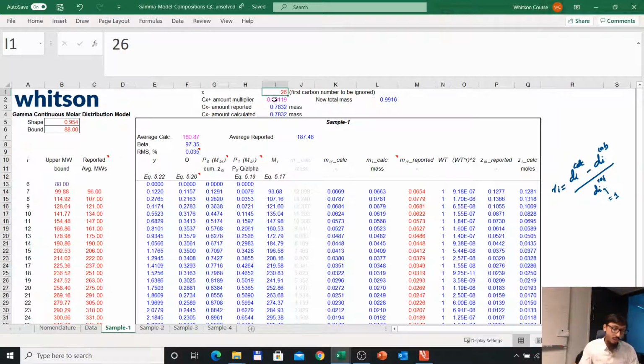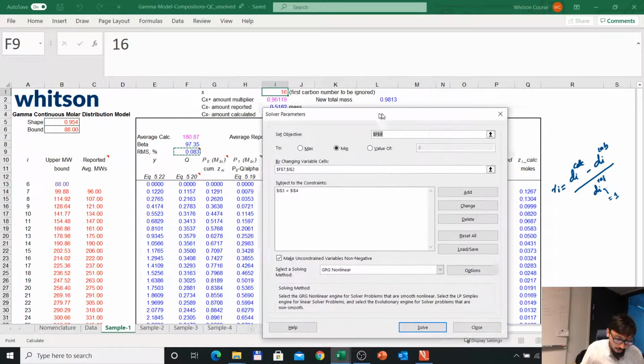We need to calculate some data, and to calculate that, we should be changing this x value, for example, starting from 16. And then we go to, in the data, the solver.